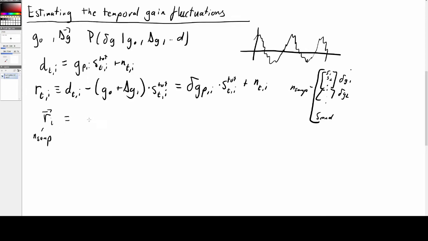And that is given by, we'll introduce a matrix T_i and multiply that by a vector of temporal fluctuations of the gain, and then we add the vector of the noise. So this is as well an n_samp sized vector, whereas this thing needs to be, of course, n_PID.